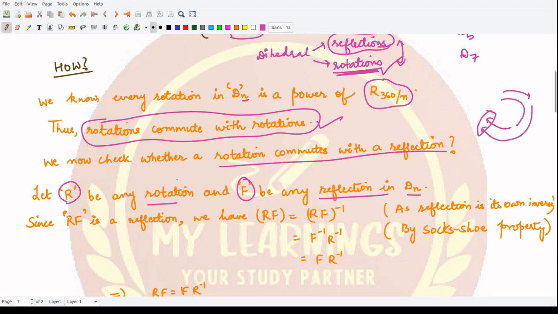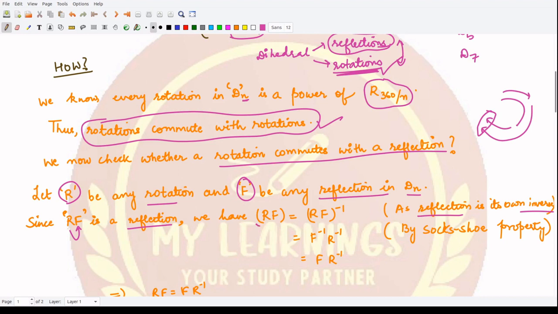You can check from there, a detailed description is given over there. So rotation followed by a reflection is a reflection, that we know. And moreover we know the inverse of a reflection is a reflection.